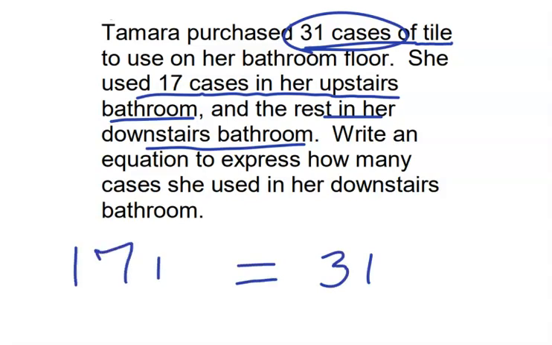And then to find out what the rest would be, 17 plus the rest of it. I guess we can just put a T for tiles. So 17 plus T will give you 31. And once we find out what T is, that's what they used for the downstairs bathroom, right? So that's all we have to do for that one. 17 plus T equals 31.